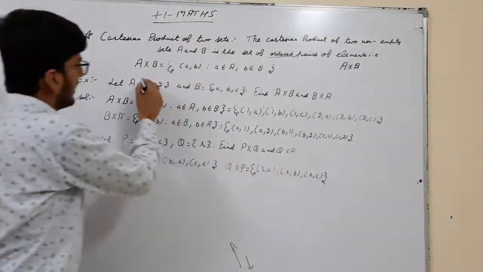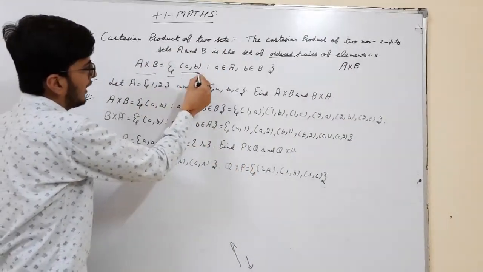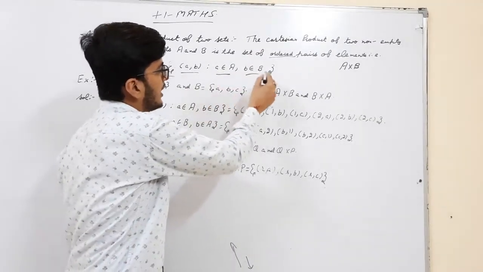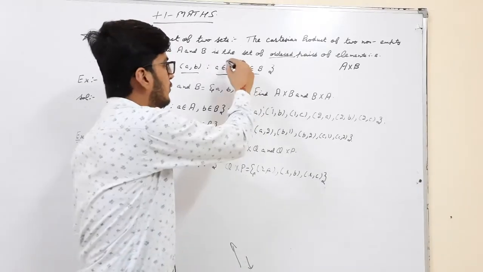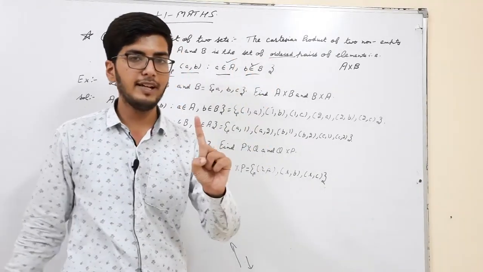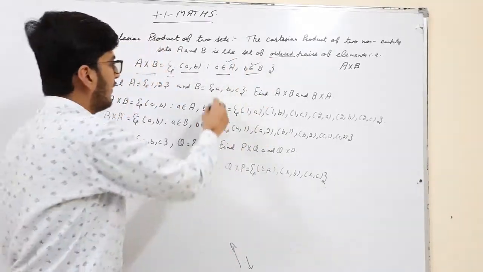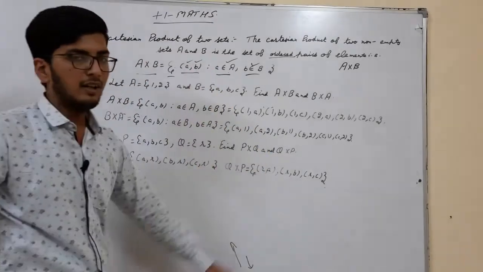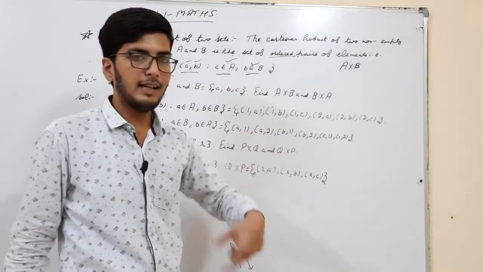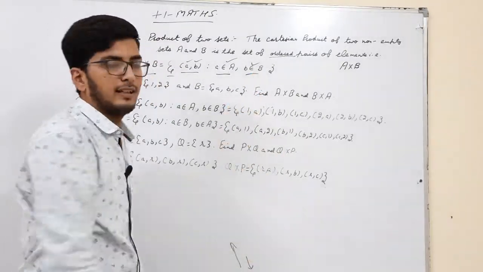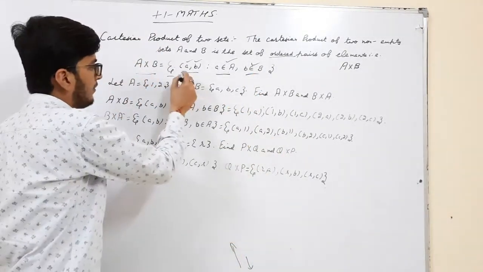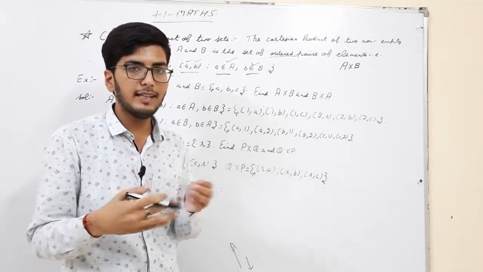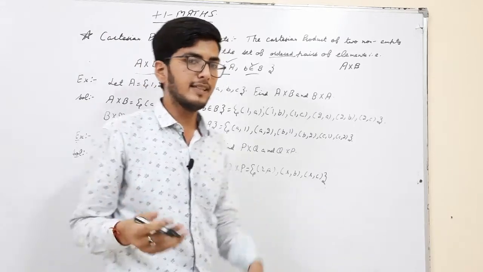That is, A cross B will be the set of pairs (a, b) such that a belongs to A and b belongs to B. This is our order: the first element will be from the first set A and the second element of the ordered pair will be from the second set, that is B. So it will be a pair (a, b). We have to pair the elements of both the given sets, right?